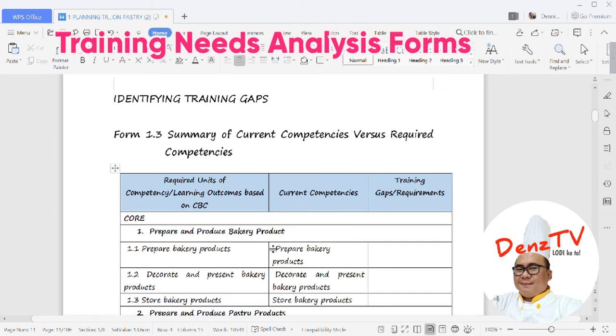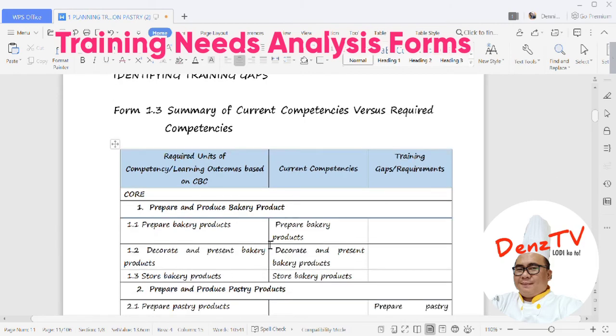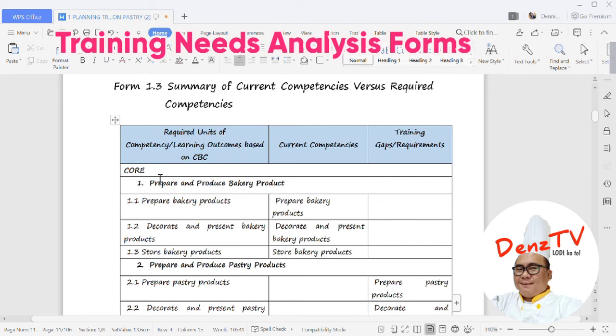All you have to do is copy and paste again. Only the core competency. Copy the unit of competency and then copy also the learning outcomes. Then the learning outcomes will also be copied to the current competencies.